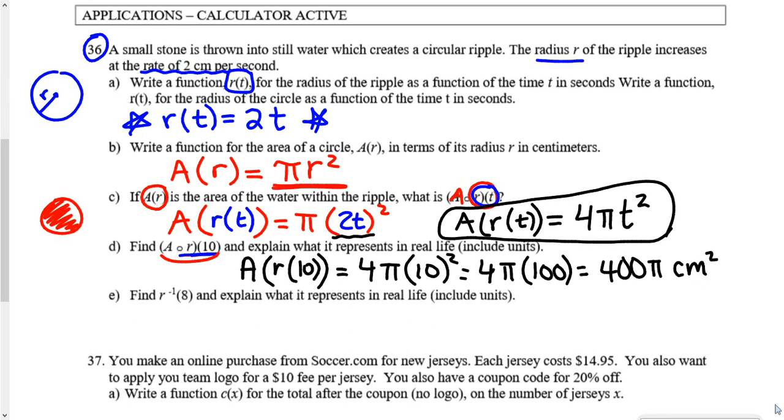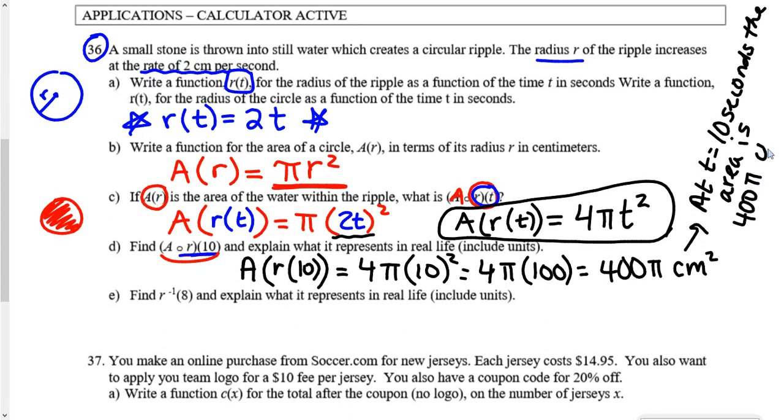And this means, I don't have a lot of space here, I'll write it up here. Okay. At t equals 10 seconds, the area is 400 pi square centimeters. That's the real life implication of A of r of 10 is equal to 400 pi.